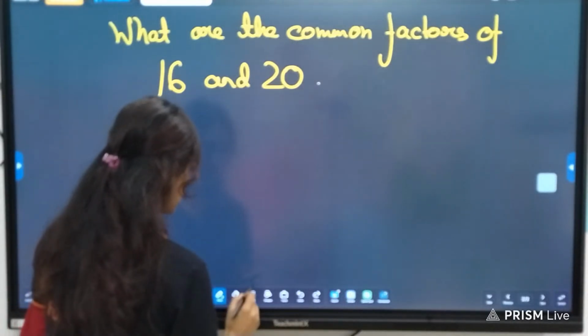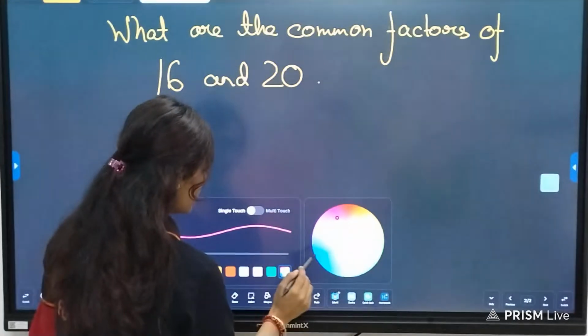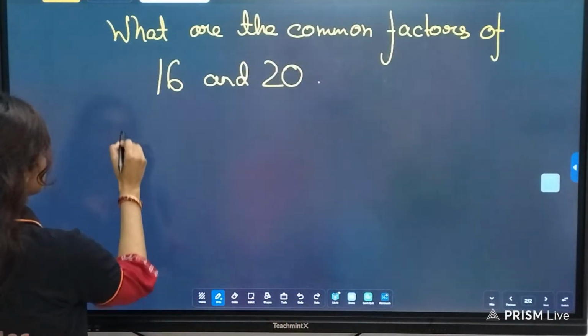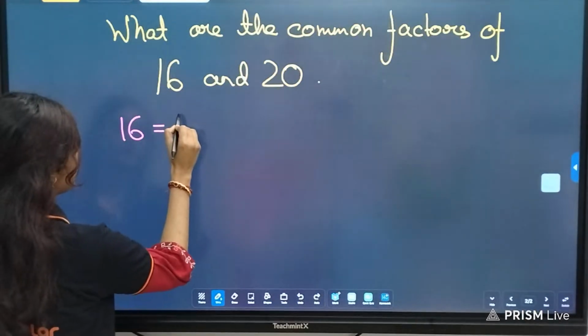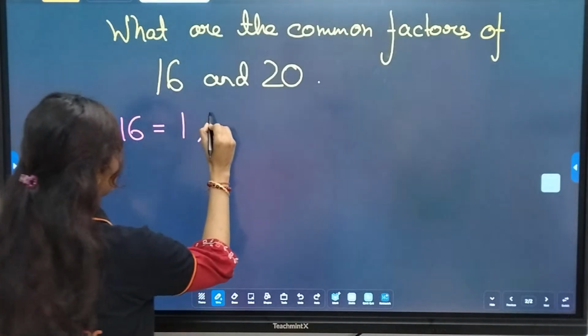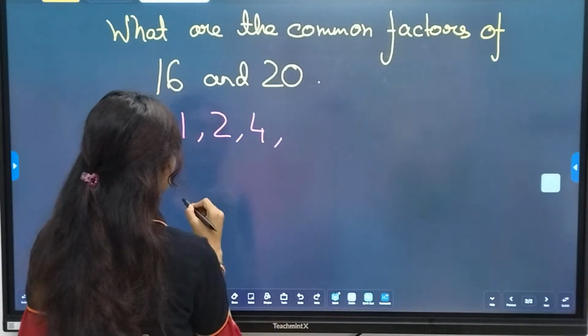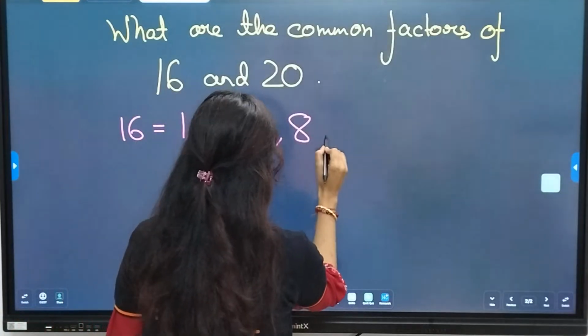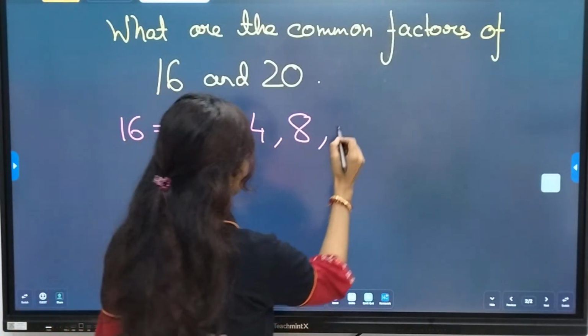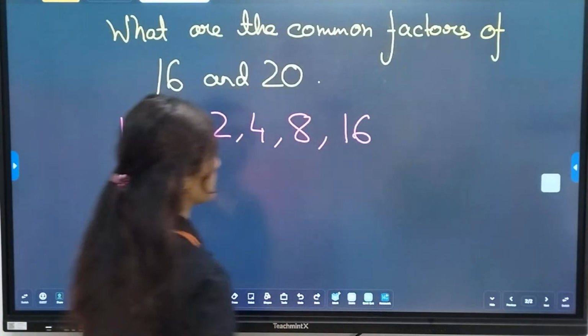So first we will see in what ways we can divide 16. 16 can be divided by 1, 16 can be divided by 2, 16 can be divided by 4, 16 can be divided by 8, and 16 can be divided by 16 itself.